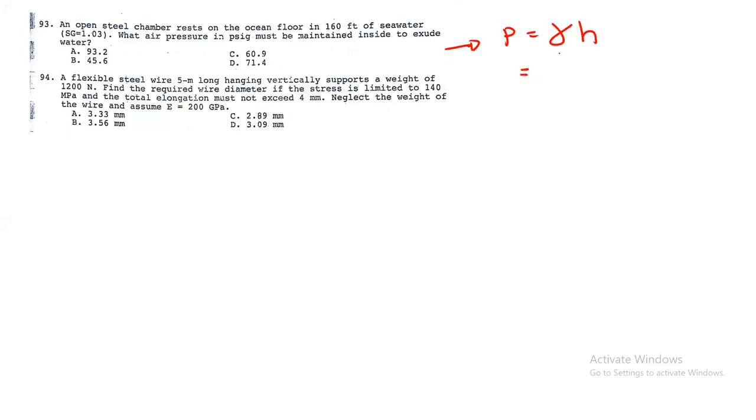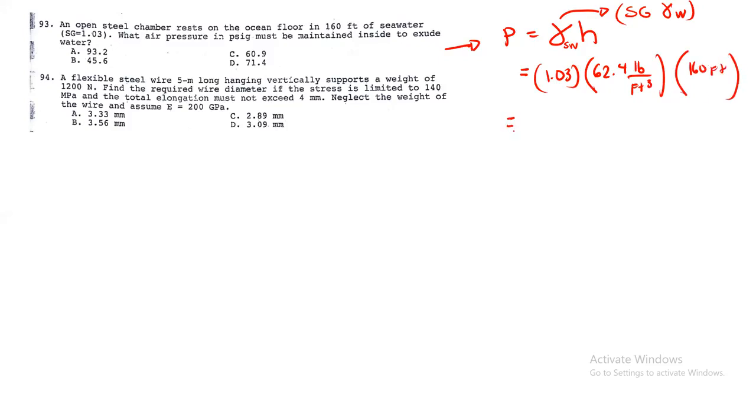So ang specific weight natin ng seawater, SW, is equals to specific gravity times specific weight ng water. So specific gravity 1.03 times specific weight ng water 62.4 pounds per cubic foot times height na 160 feet.